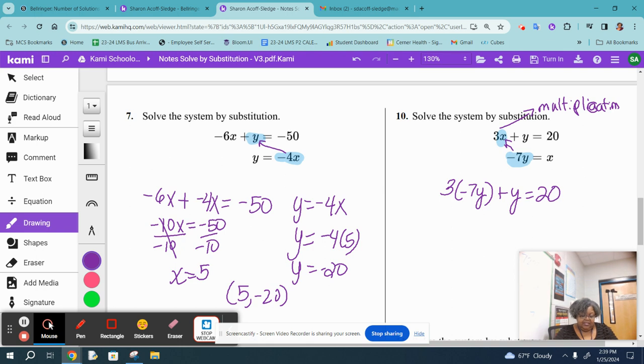Okay, any questions? Okay, here. So 3 times negative 7y is a negative 21y plus y equals 20.